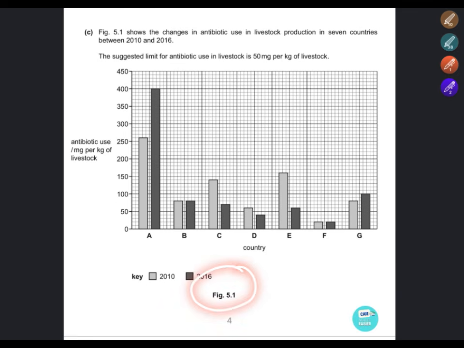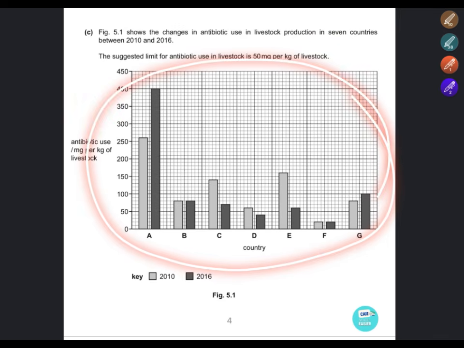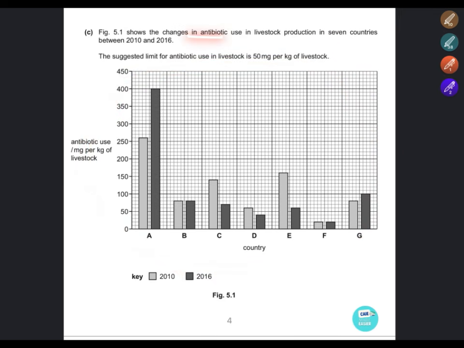Figure 5.1 shows the changes in antibiotic use in livestock production in 7 countries between 2010 and 2016. Okay, so this figure shows the change in antibiotic use from 2010 to 2016 in livestock production.